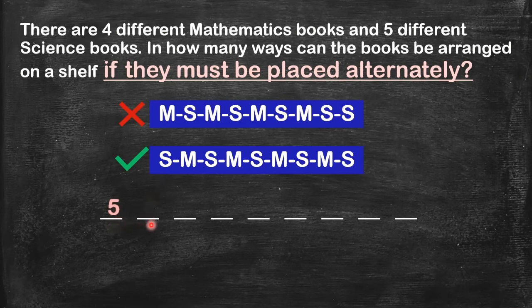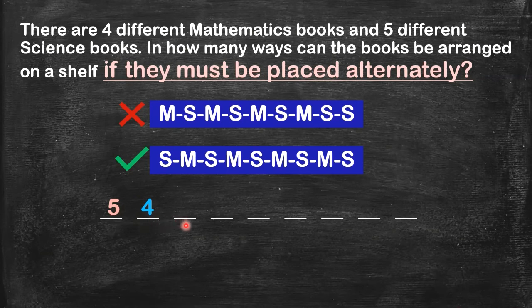What about sa second position? We need a math book. Ilan ba yung math books? 4. So, that's why we have 4 here. I used different colors para makita nyo kung alin yung science book at alin yung math book. Yung pink, science book. Yung blue, math book.